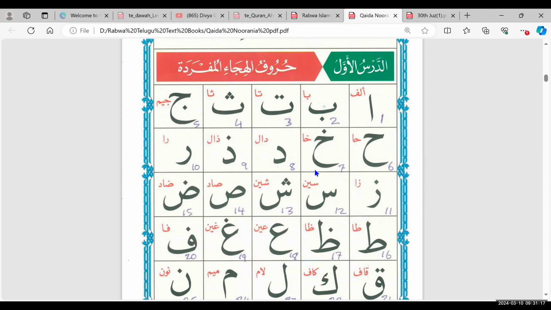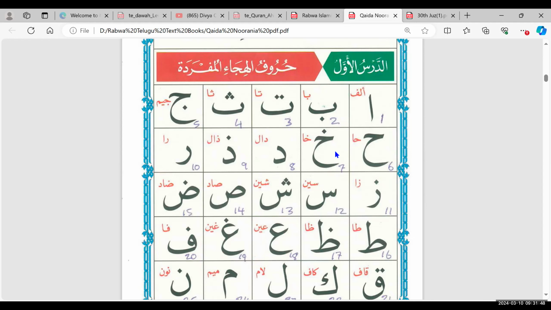Here it is a must. Sheen, it is a must. Sad, dad, this is a must because the letter itself has a spelling. It is not a single letter like ba. Seen has three letters in its name: seen, kasra, ya, seen, ya, and noon. Three letters are there. So if the letter has mad or leen in its name itself, in the Muqattat, that has to be prolonged 6 units.